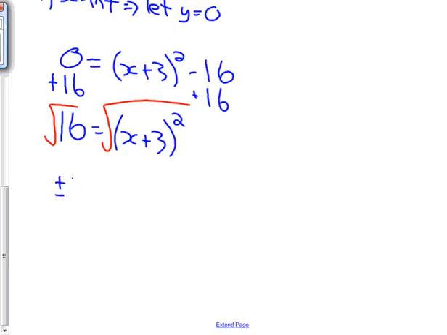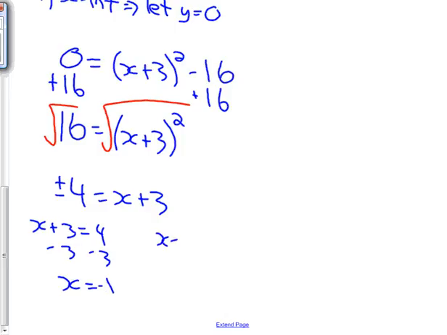Square root of 16, plus or minus 4. So x plus 3 equals 4, and x plus 3 equals negative 4.